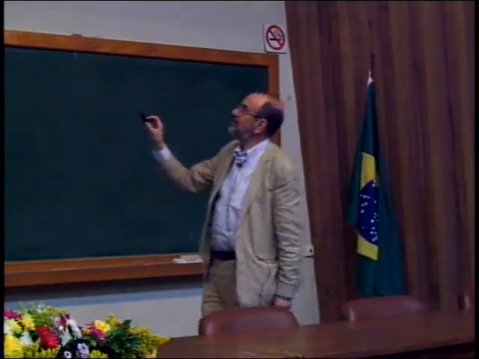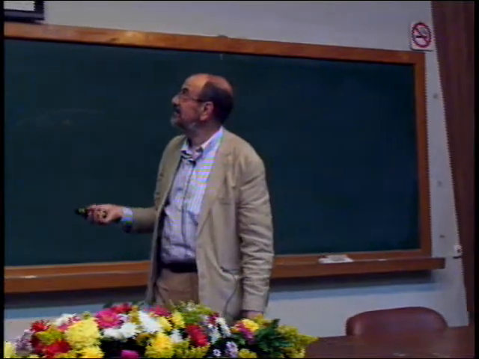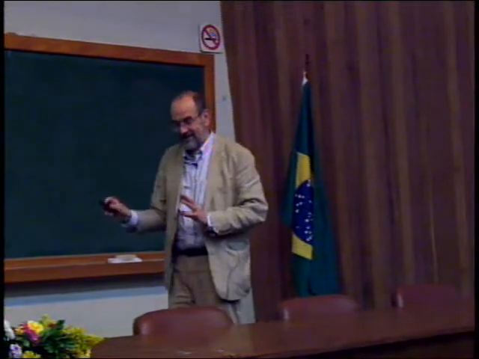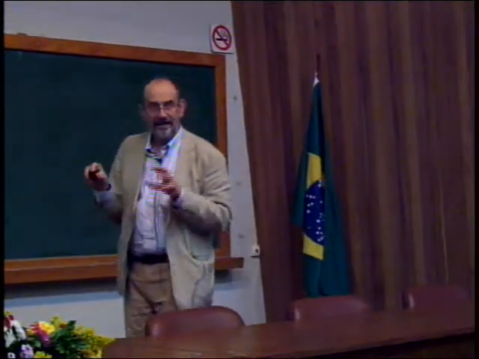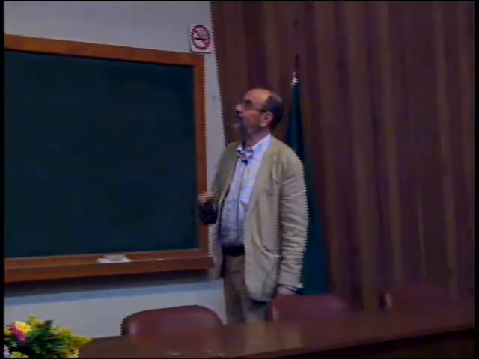You have all these quadratic constraints, and then you have to take the quotient by these large groups, and it's often very difficult to get any sensible information about the quotient space, the moduli space, from this description. When this was implemented 30 years ago in the construction of instantons, we said instantons depend on linear algebra, but if you want any detailed information, it's very difficult to extract it. It's the same problem here.